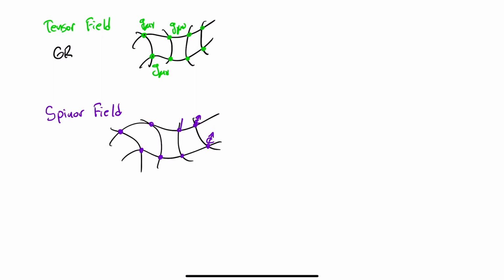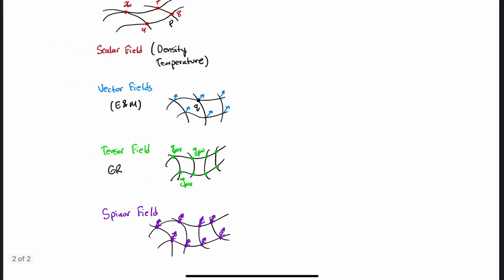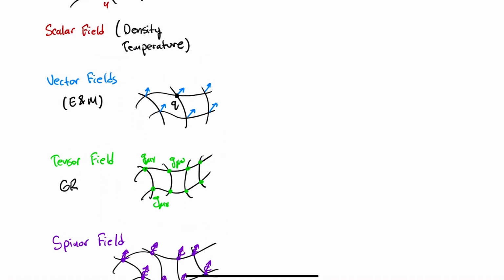So I have a scalar field, a vector field, a tensor field, spinor fields, and we can go on. We can create any mathematical object we want, and we can say that one of those is located at every point in space.